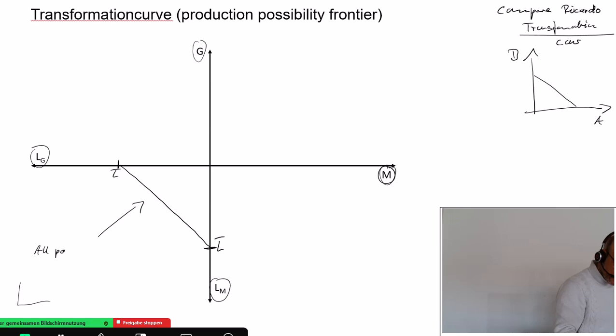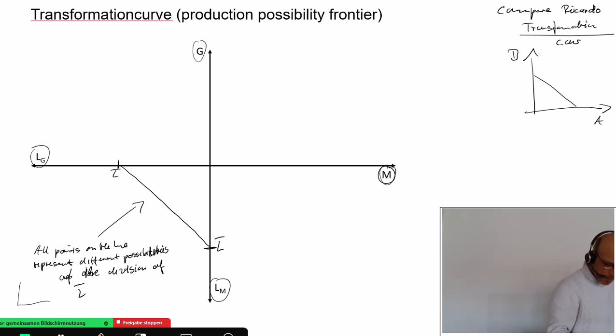All points on the line represent different possibilities of the division of L bar between the two sectors, a line with slope -1.